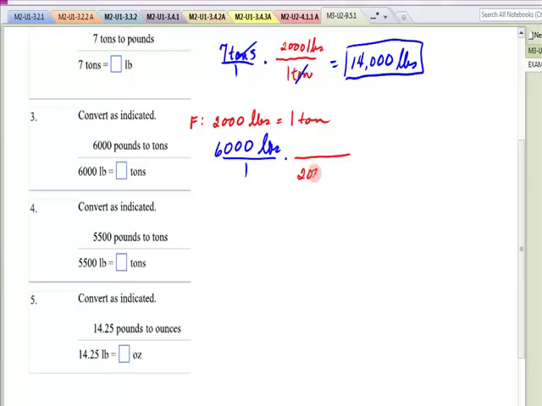So the 2,000 pounds has to go on bottom, and the 1 ton will have to go on top. I know that I've made the right choice because the pounds are gone. This time I can divide numbers. 2,000 goes into itself once. It goes into 6,000 3 times. I'm left with 3 times 1, which is 3 tons.